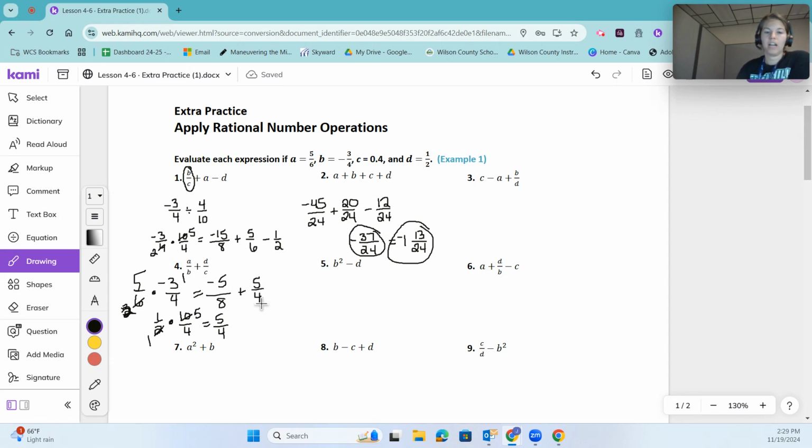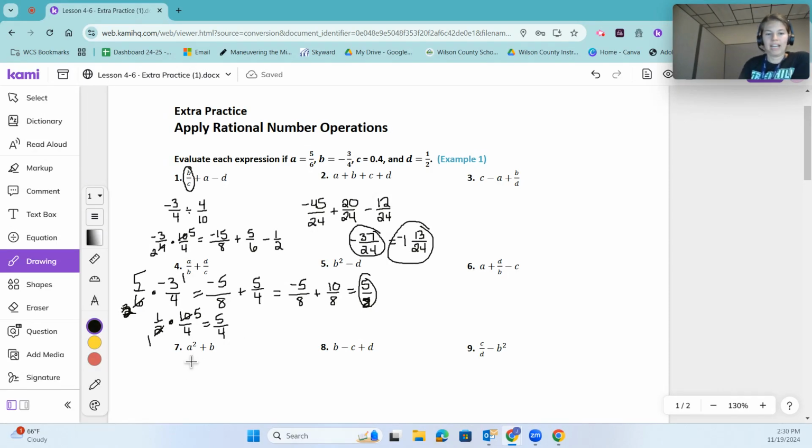I need a common denominator once again. 8 will be my common denominator, so negative 5/8 stays the same, plus 5/4. 2 times 4 is 8, so 5 times 2 is 10. Then we add the top. Negative 5 plus 10 is positive 5, and 5/8 is my solution.